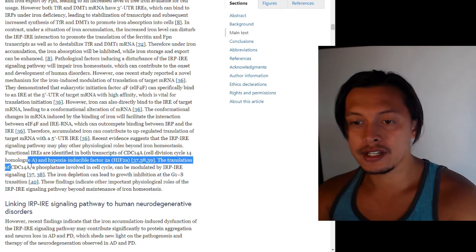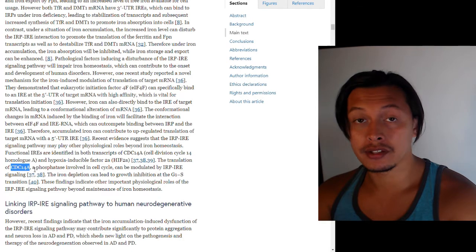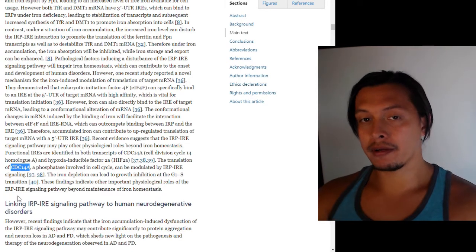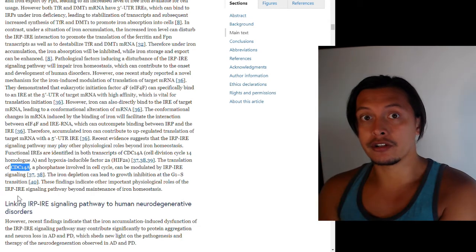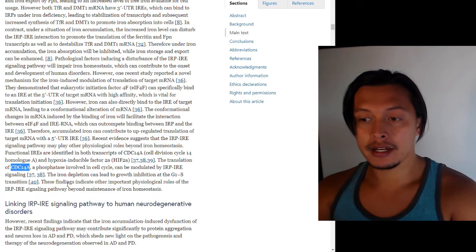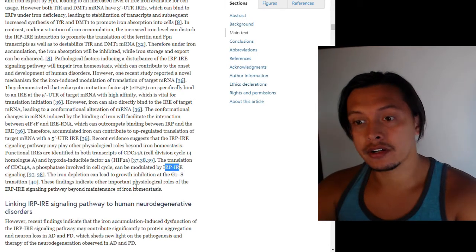So this CDC14A, which is associated with the cellular cycle, so mitosis, right? It's one of the proteins that facilitates a particular stage of the cell cycle. This is regulated by this IRP-IRE signaling.